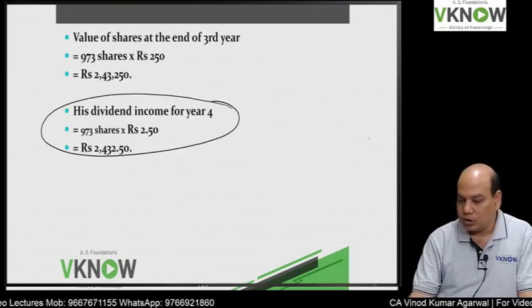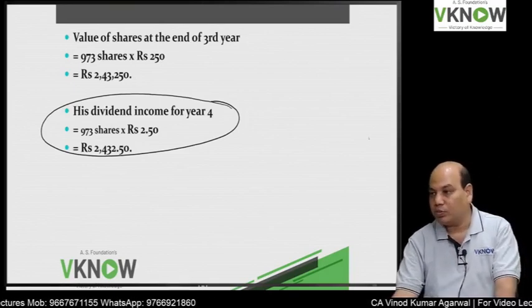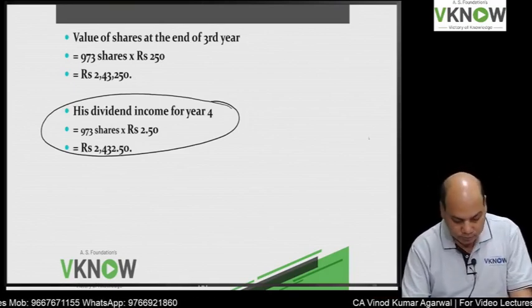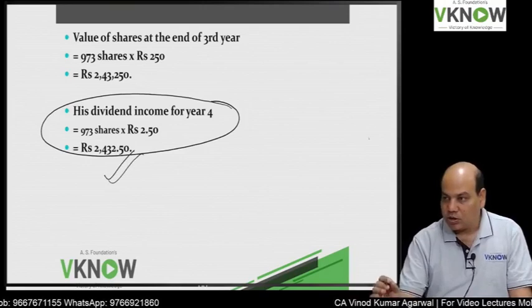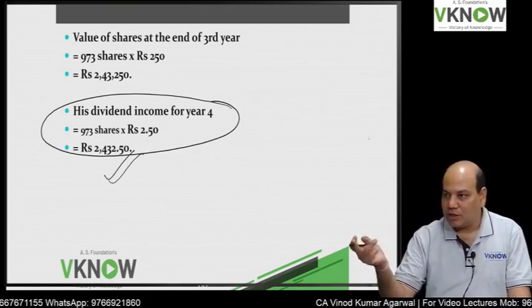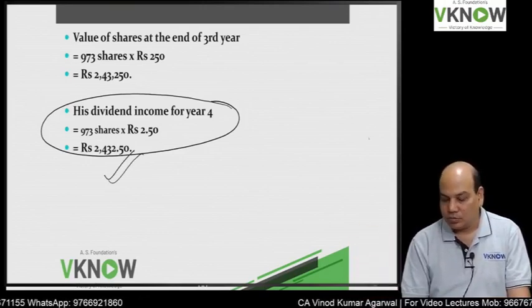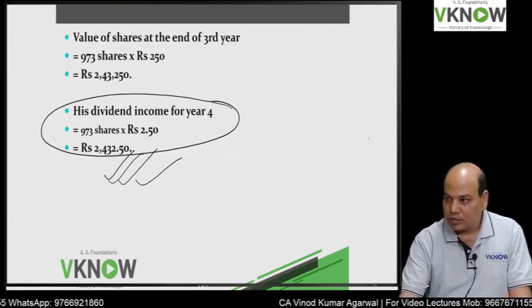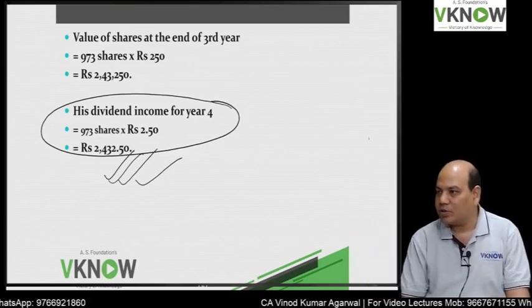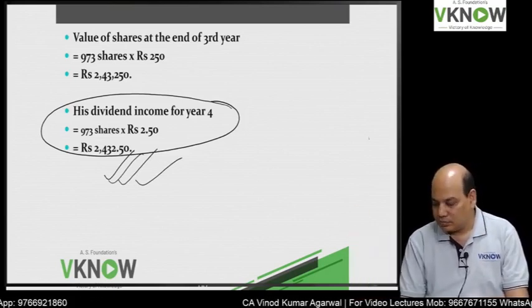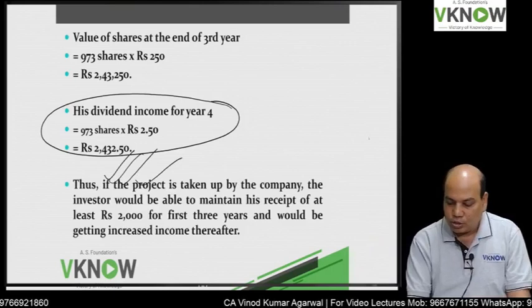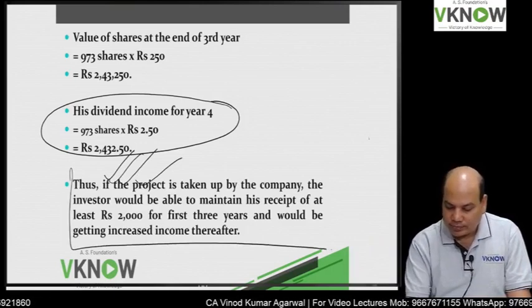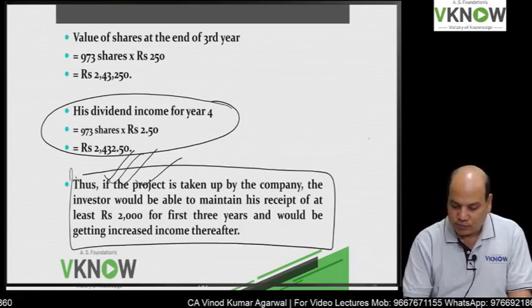Is it 2432.50? Yes. Which means he does not have to sell shares after the fourth year, and it will grow only. It will grow at the rate of 7% every year. So write a note and complete the answer. This answer is over, subject to this note.